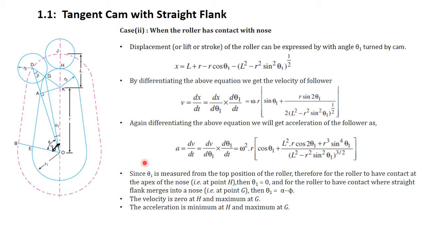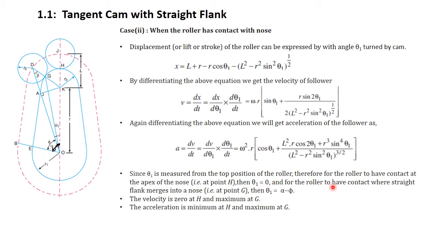Now here, since theta 1 is measured from the top position of the roller, for the roller to have contact at the apex of the nose, that is at point H, theta 1 is equal to 0, right? This we have already discussed.